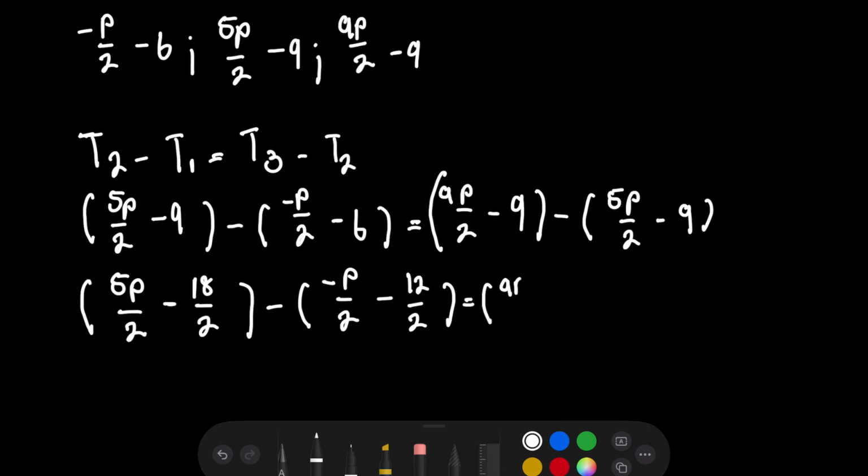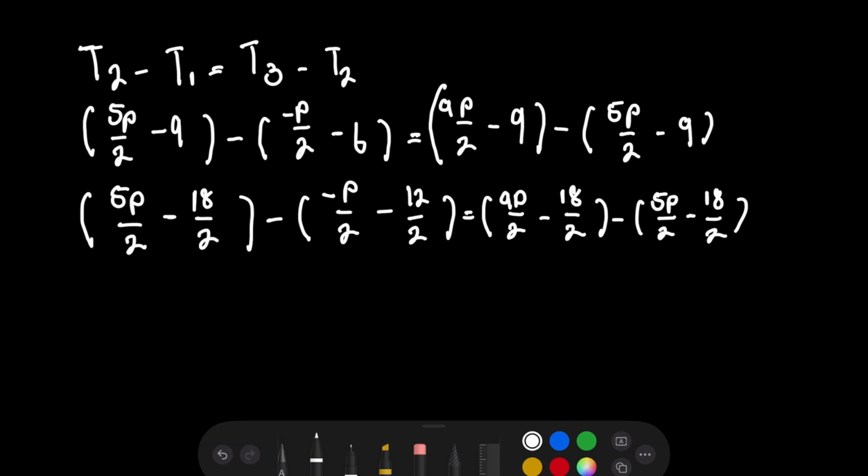Here we have the same process, 9p over 2 minus 18 over 2, minus 5p over 2 minus 18 over 2. Everything is over 2. I'm just going to do this step by step. So here we got 5p minus 18 over 2.